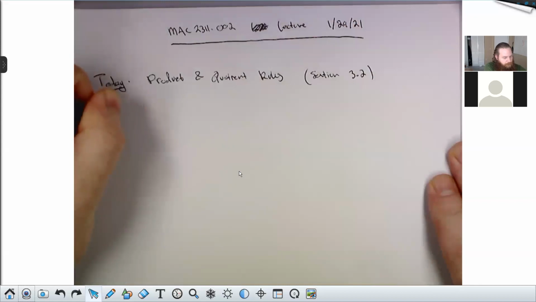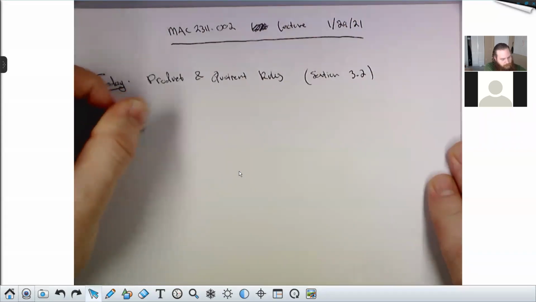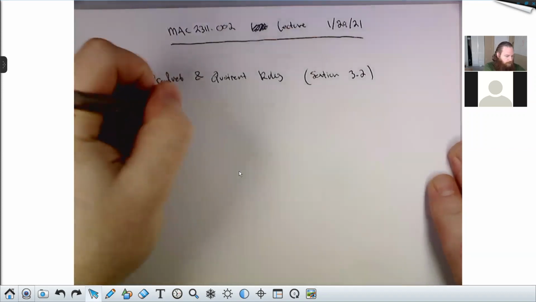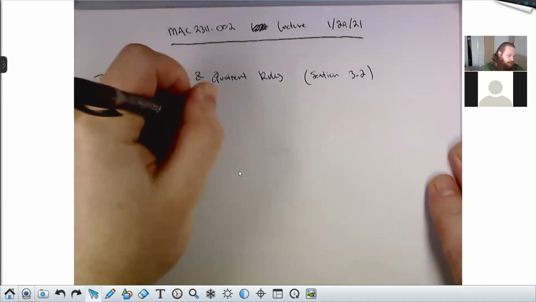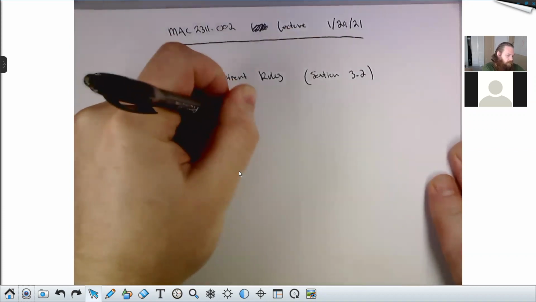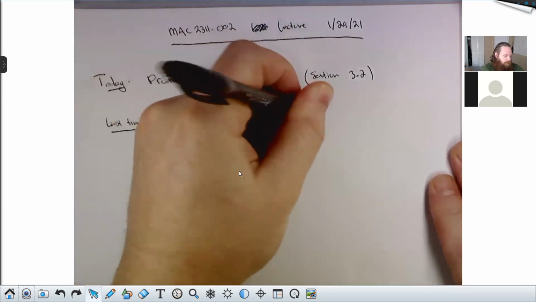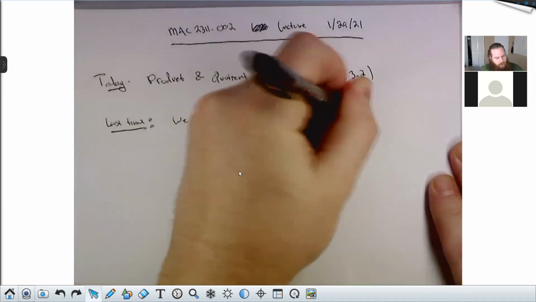Recall last time, really over the last few times, we cooked up the following rules. We now know the following differentiation rules.